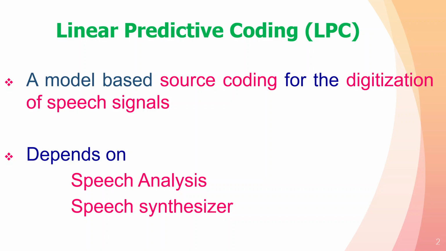Analysis means we will extract the features of the speech, and synthesis means we will reconstruct the speech using parameters or features extracted in the analysis part. So at the transmitter we will analyze the speech, and at the receiver we will reconstruct the speech, that is synthesis.